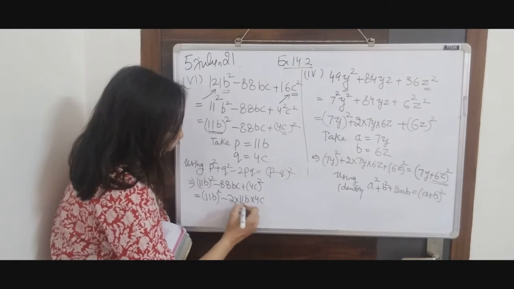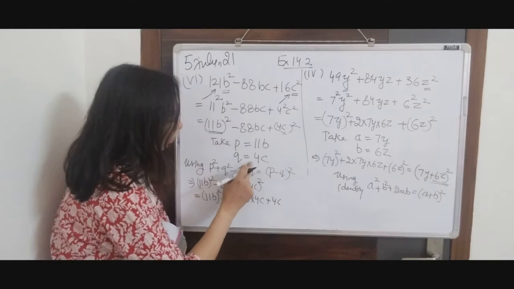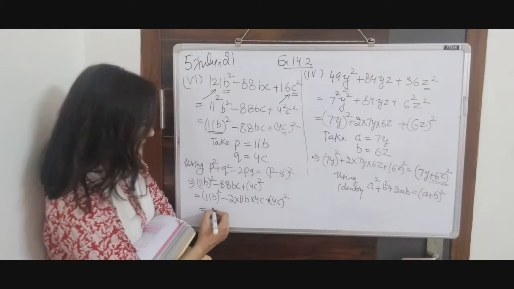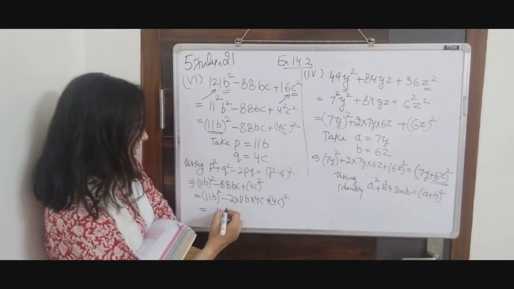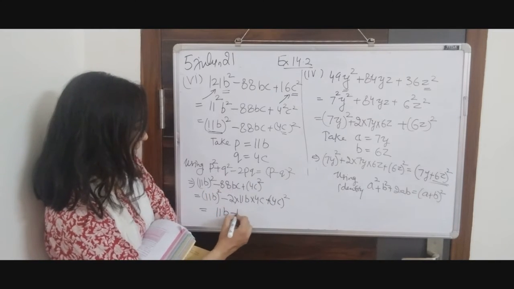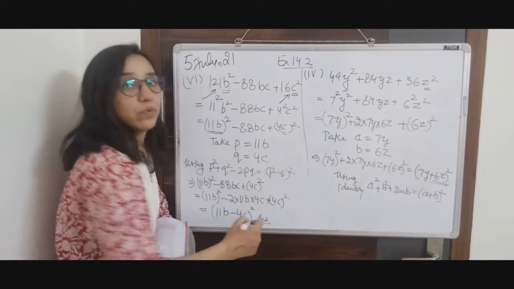So this is your 2pq. So you can write it as (p minus q) square. So p is this, so (11b minus 4c) whole square, and this is your required factorization.